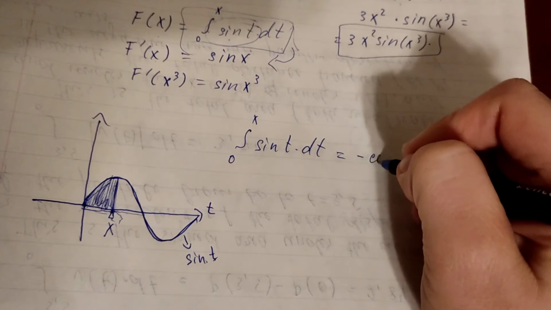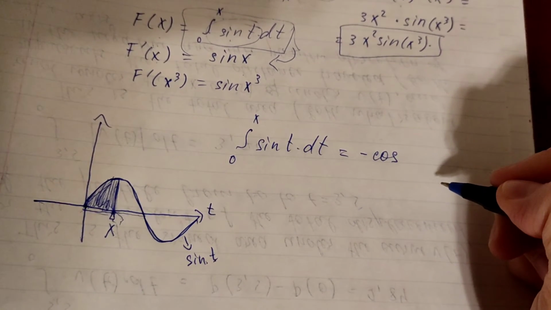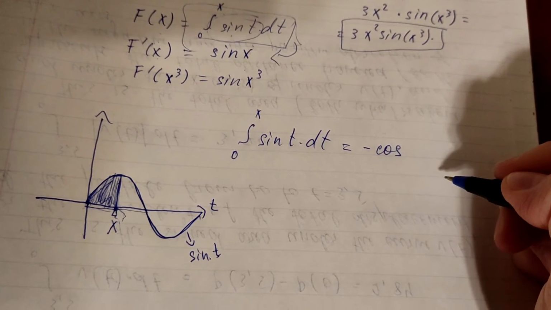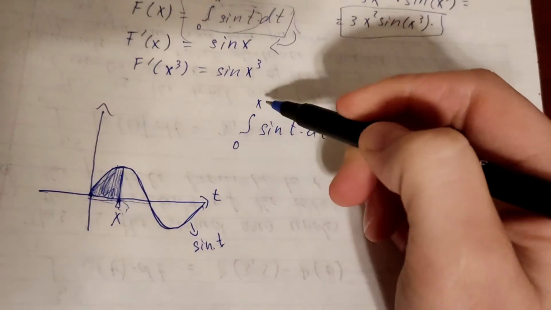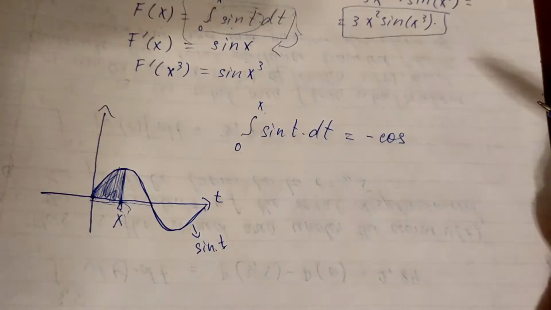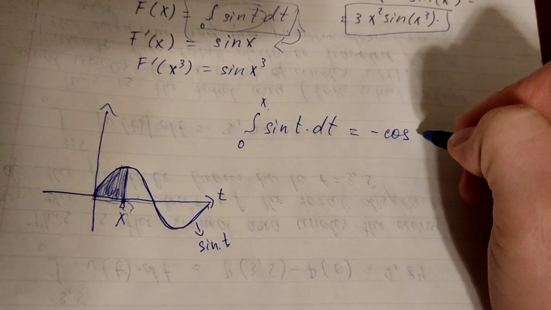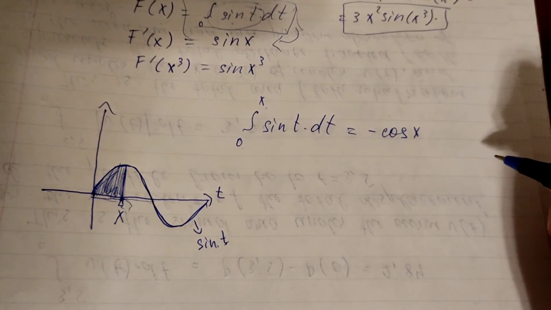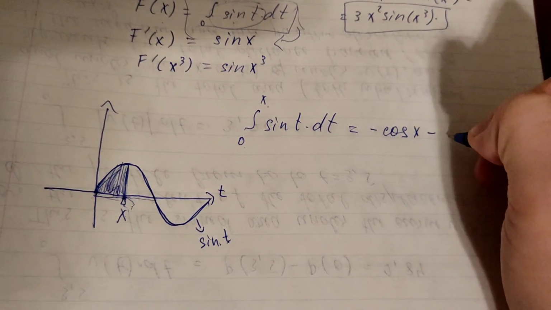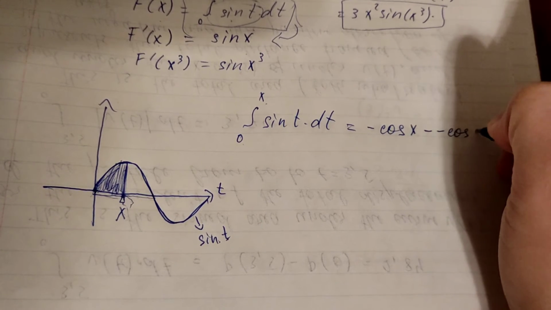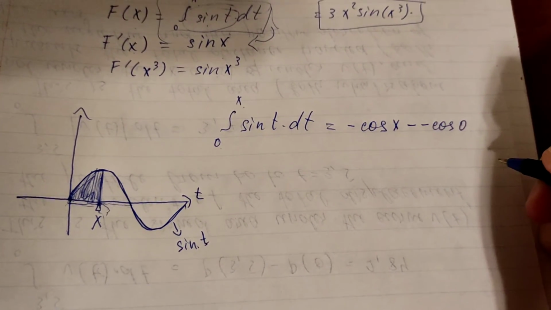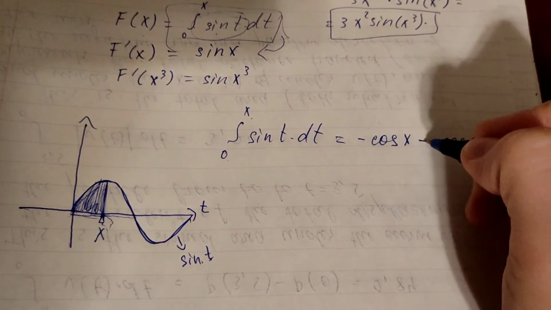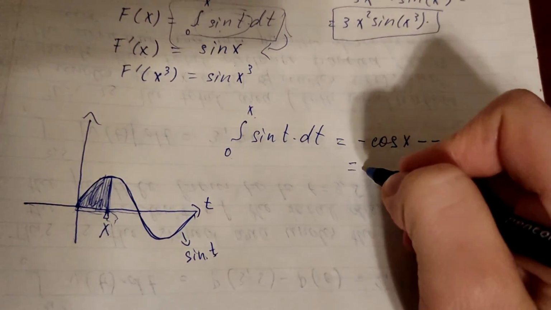No, it's negative cosine. Negative cosine of what? Well, you would have to evaluate it at x and at 0, right? You would have to put x over here minus cosine of 0. Makes sense? Well, of course, this one will turn into plus, and you get negative.